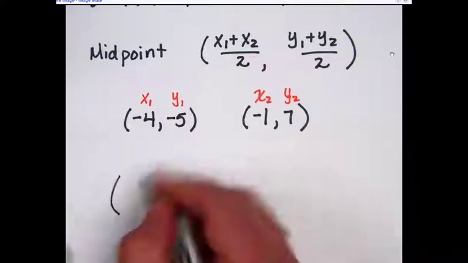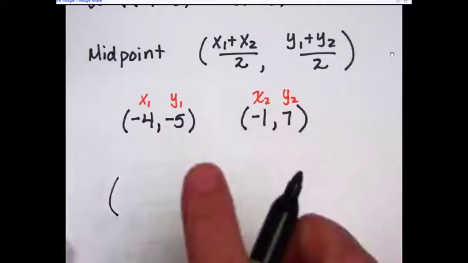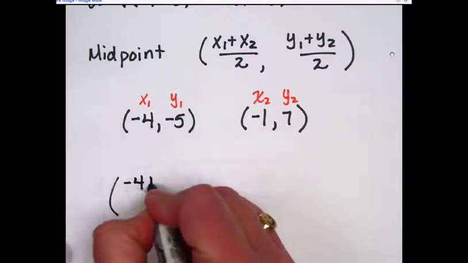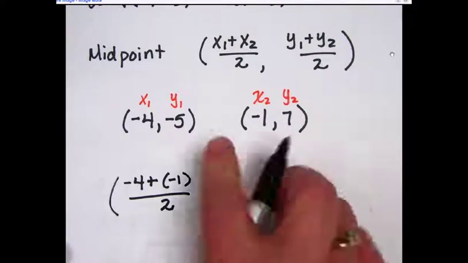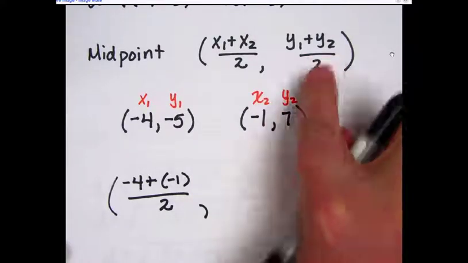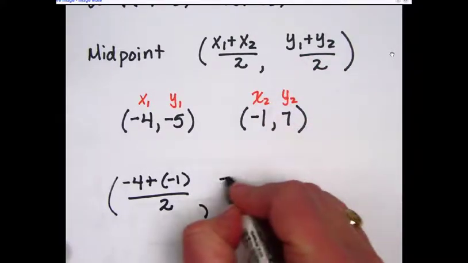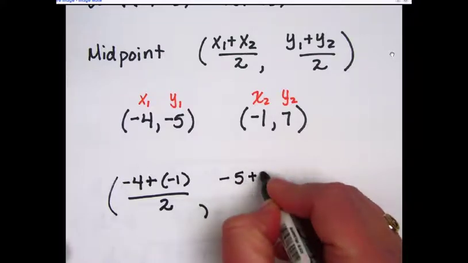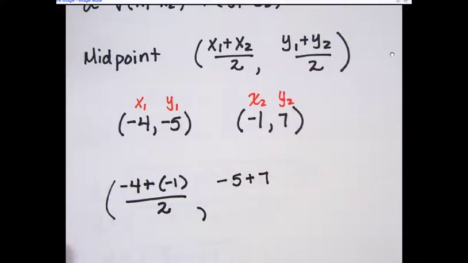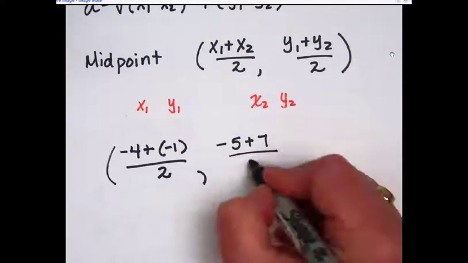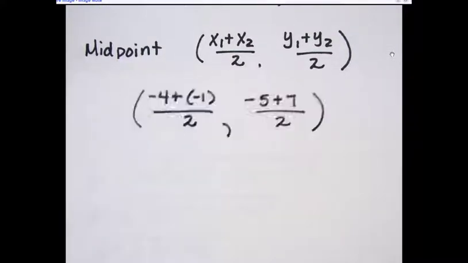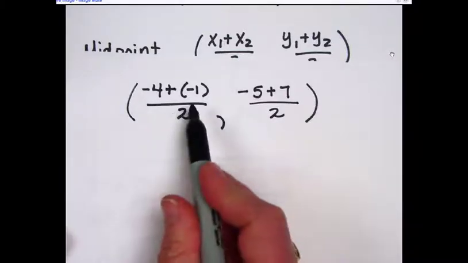So for this, I'm going to take x1 plus x2, so we get negative 4 plus negative 1, divided by 2. And I'm going to take y1 plus y2 divided by 2. So this is going to be negative 5 plus 7 divided by 2.